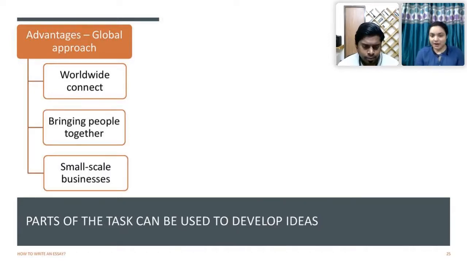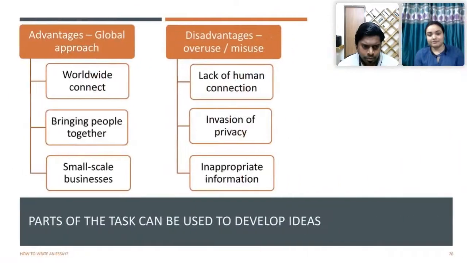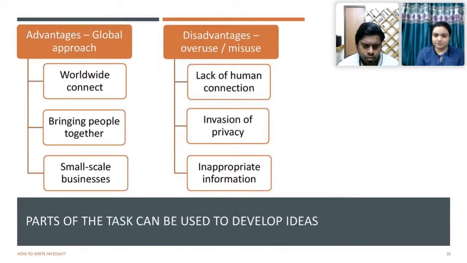Let's look at the second paragraph. Disadvantages. Here, the key idea of the paragraph would not be disadvantage, but overuse or misuse. Just as you did in the first one, Chinaraj, could you help me with this one too?